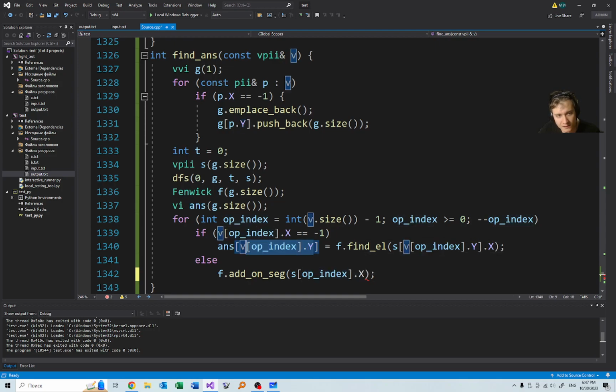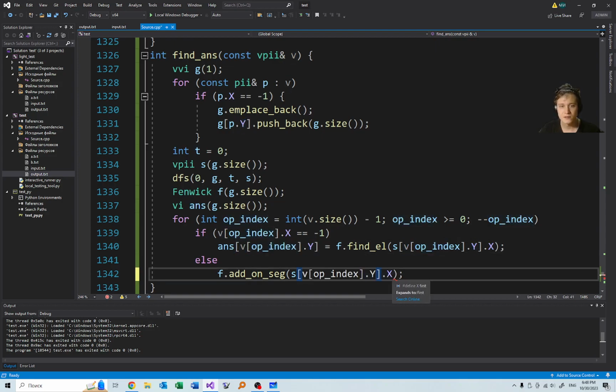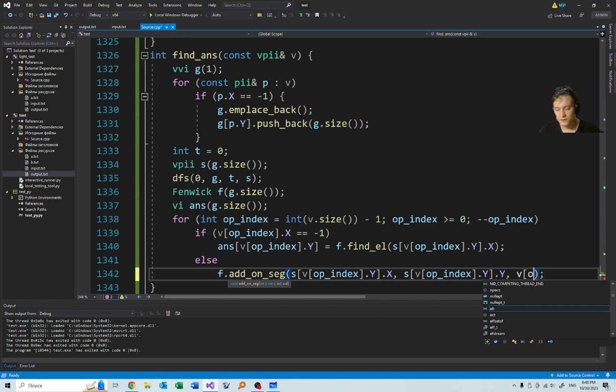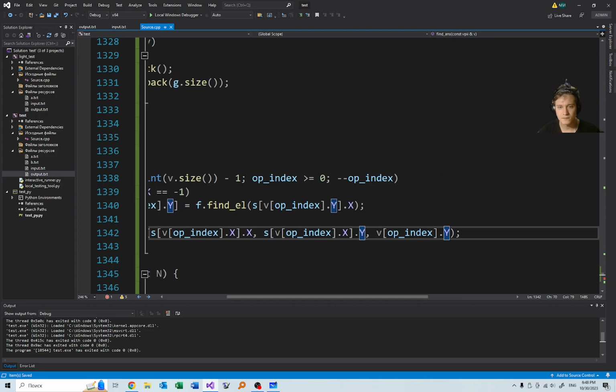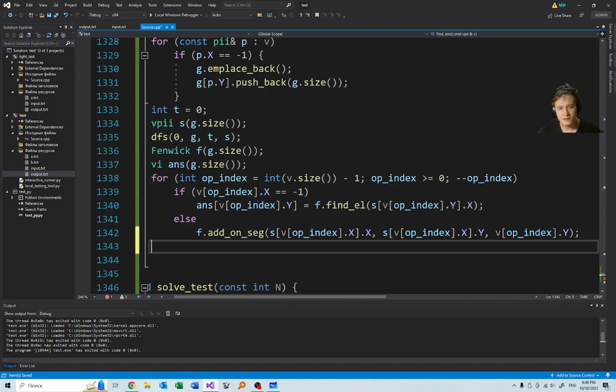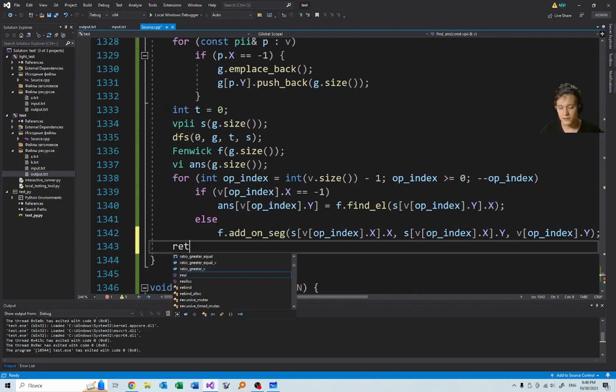So I need this here. So this is the segment. And now we need to print the value which we want to add. And this is simply v. No, this is x actually. Okay, we add this. Excellent. Okay, and then we return answer.